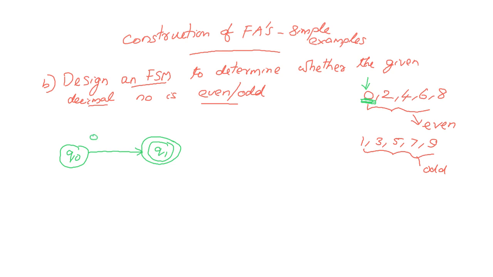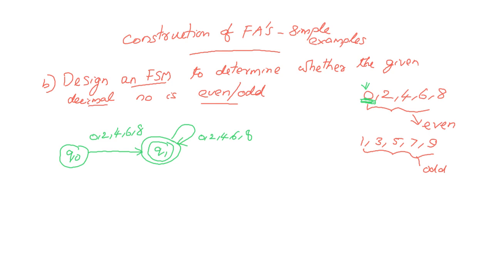So if you're getting any of these, you will move to Q1. And from here, if you are getting again an even digit, again 0, 2, 4, 6, 8, you will be staying here. Now, what if we are getting the first character as 1, 3, 5, 7, or 9?